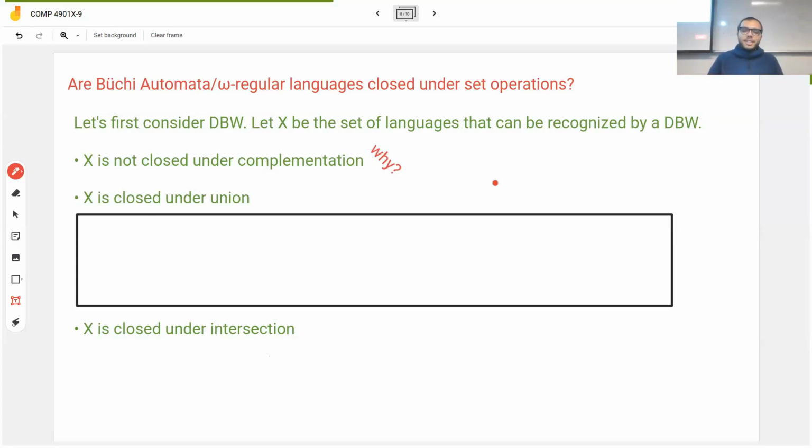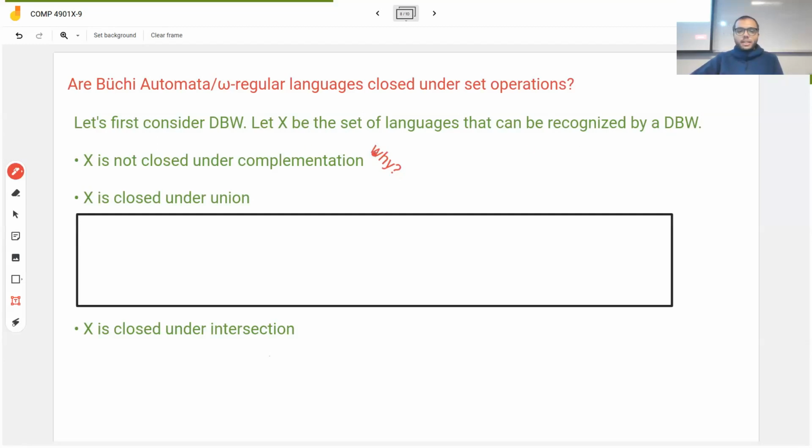So the question is, can we do these set operations on our Büchi automata? So first, let's consider the case of deterministic Büchi automata. So let's say that X is the set of all languages that can be recognized by a deterministic Büchi automaton.